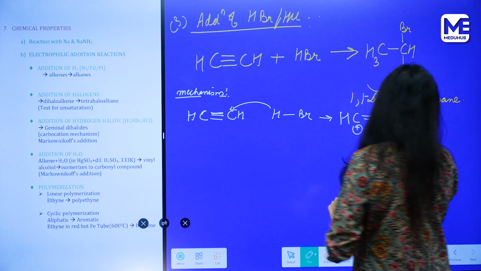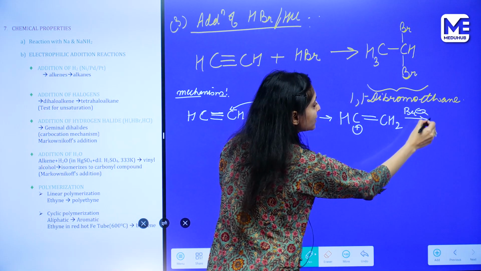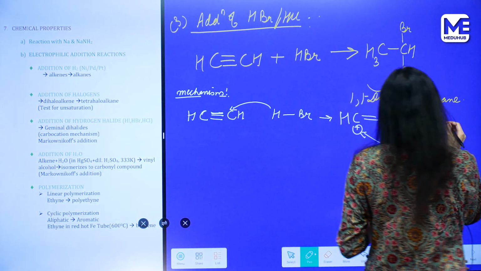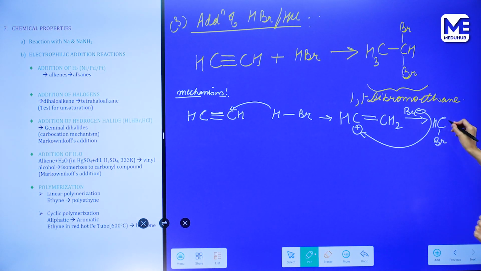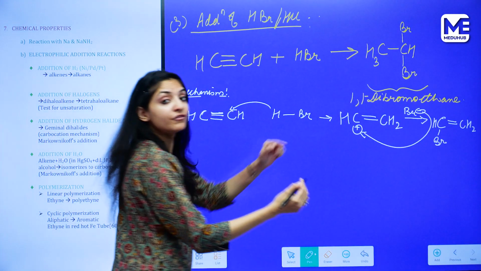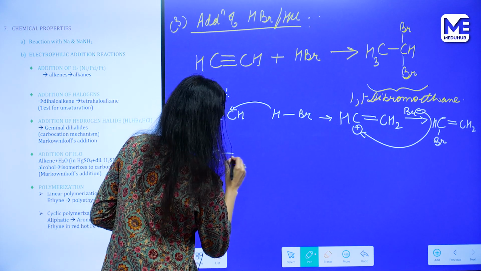Now bromine will add on, Br minus. This Br minus will attack here to give us CHBr double bond CH2.